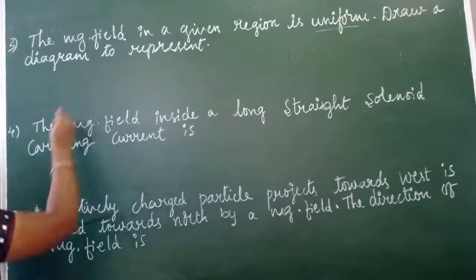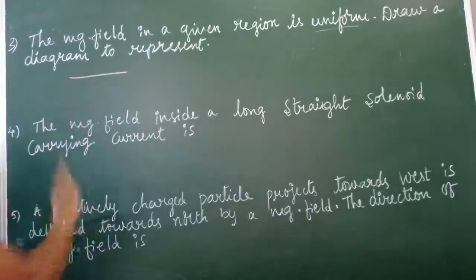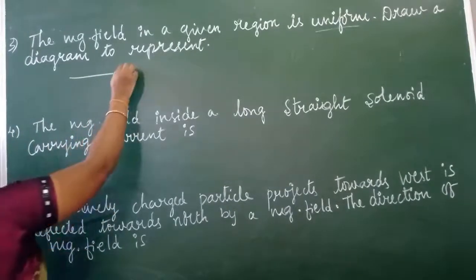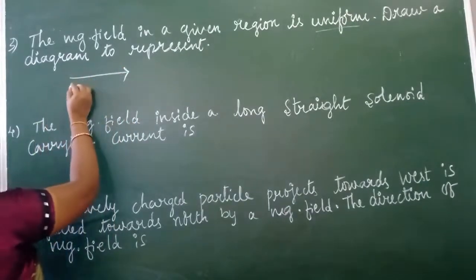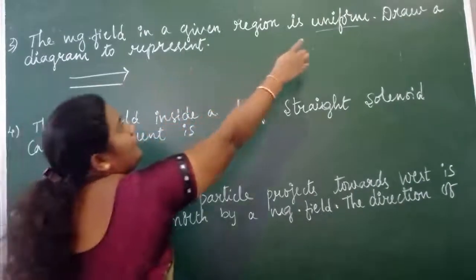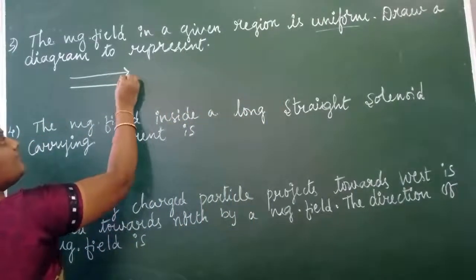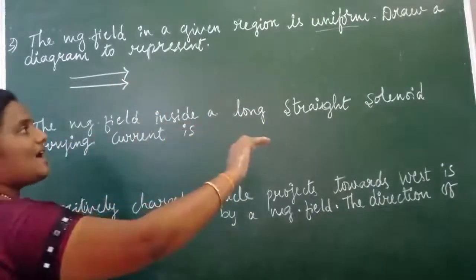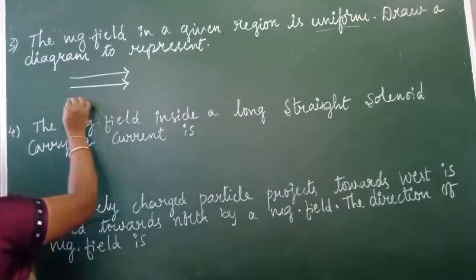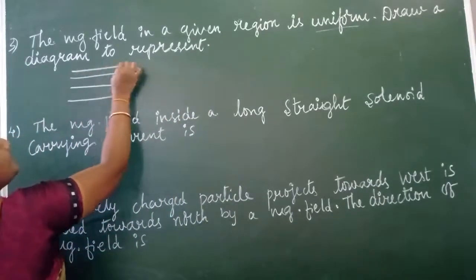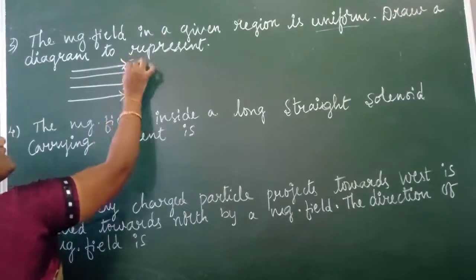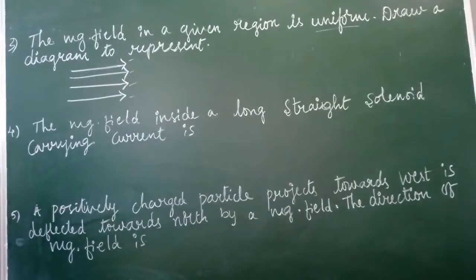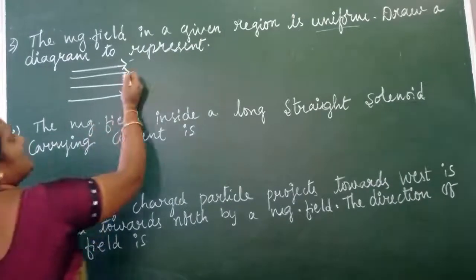Isn't it, children? So imagine this is one magnetic field line which is moving in this direction. If we take more than one, and they are all uniform, means each and every one is moving in the same direction, then the diagram would look like this, children, because these arrows are all moving in the same direction. So now we can say it is uniform.